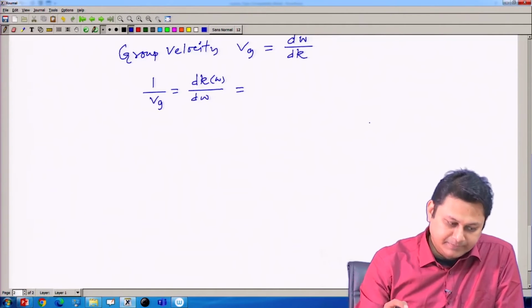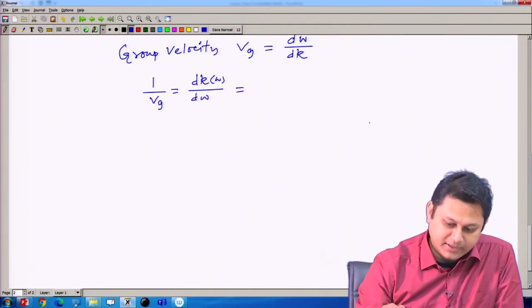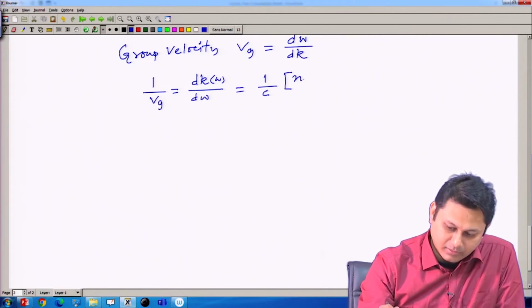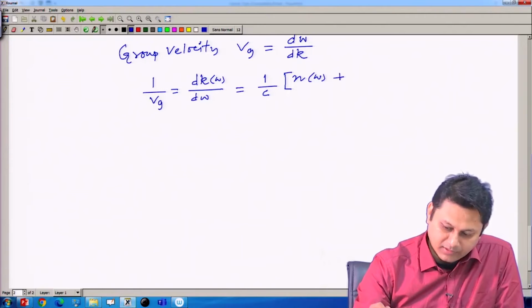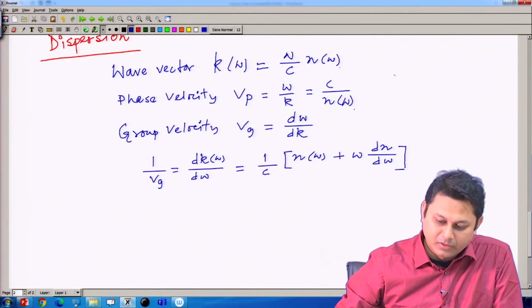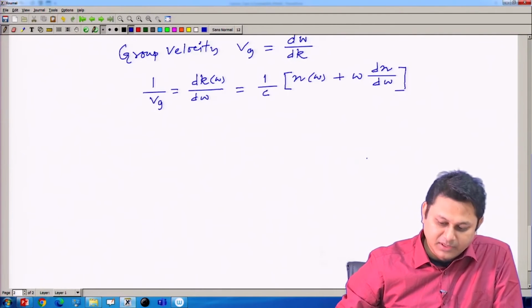So, this quantity is 1 divided by c, n of omega plus omega dn d omega. Just make a derivative with respect to omega of whatever the k I have, and I am going to find what is my Vg.